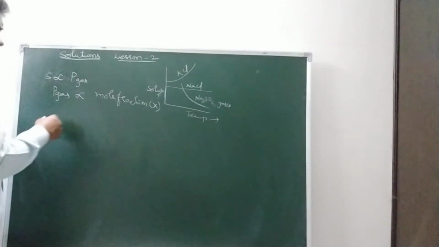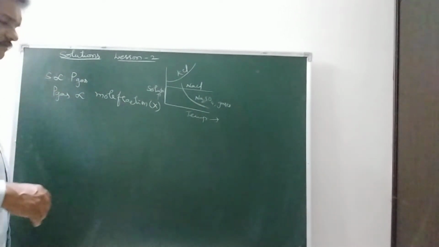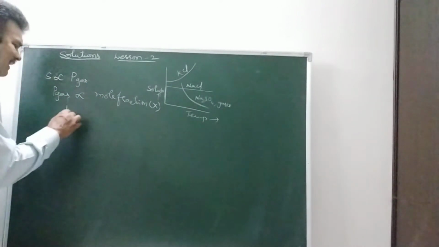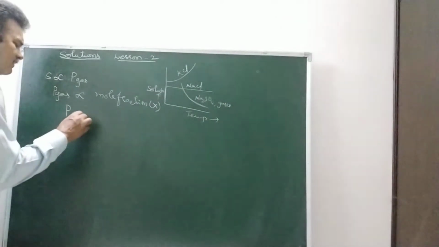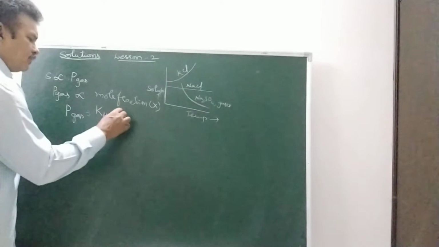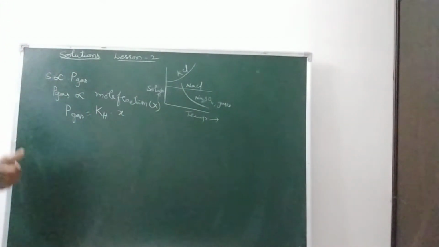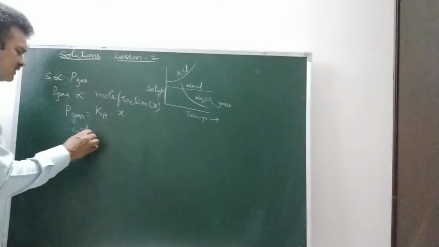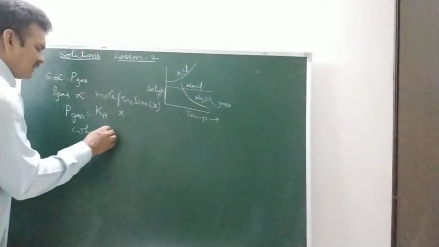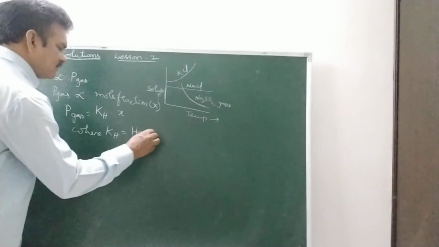Okay. So the solubility and pressure of the gas, or partial pressure of the gas, are related as: partial pressure of gas is equal to KH into X, that is the mole fraction of that gas, where KH is equal to Henry's constant.